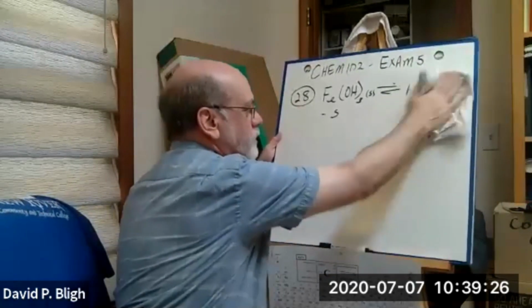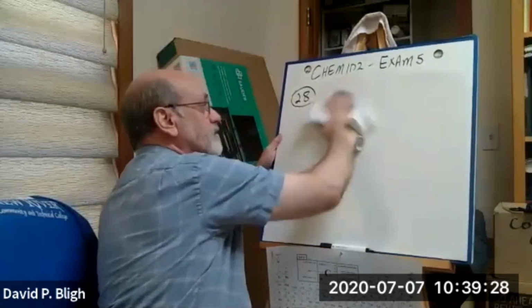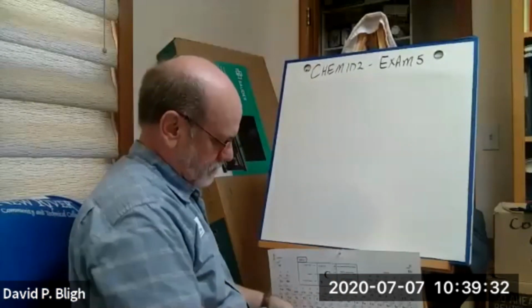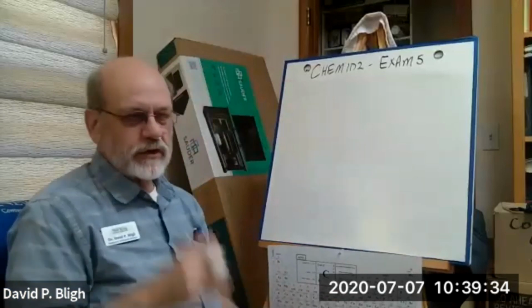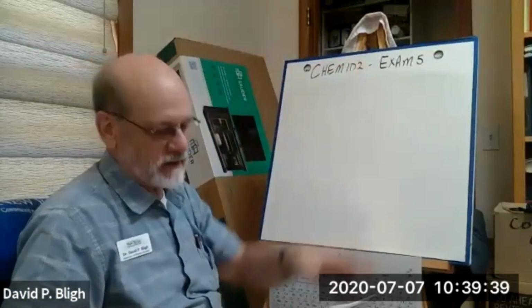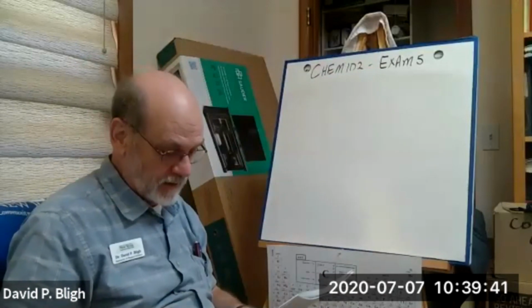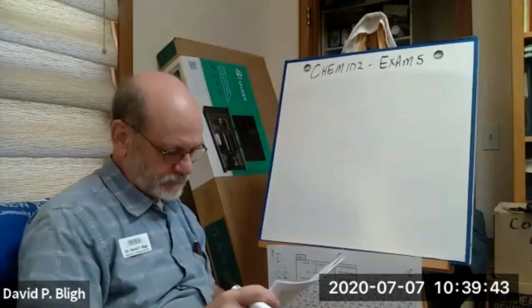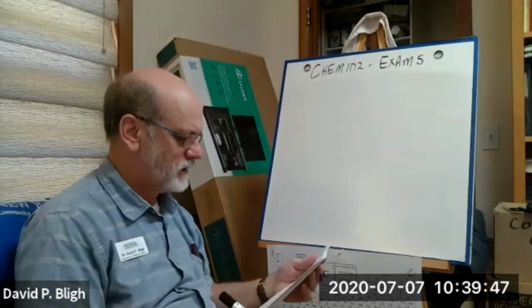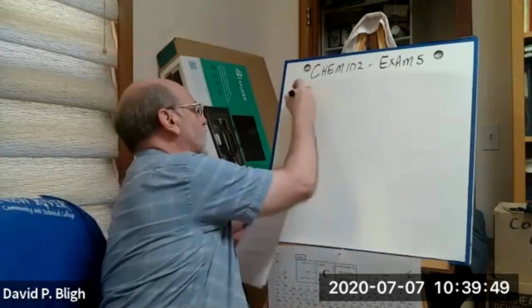You do have to start from the solubility expression, because unless you're good at visualizing these things in your head, putting them down on paper keeps you from making mistakes. It keeps me from making mistakes. How about, oh, this is a good one, 30.